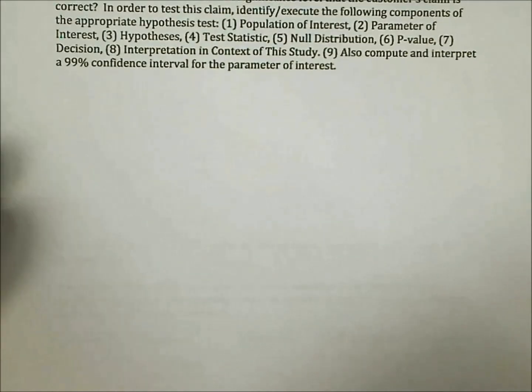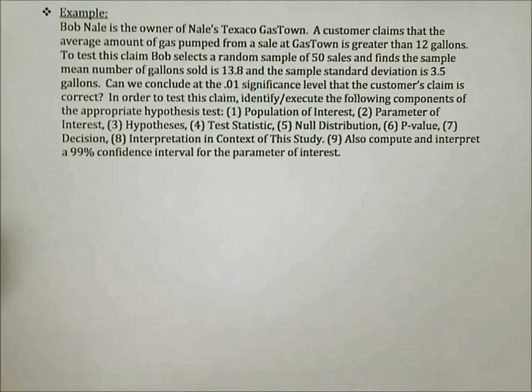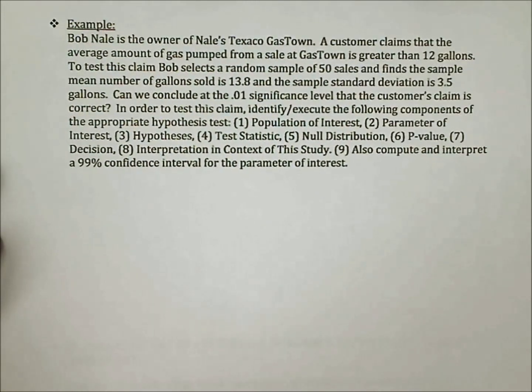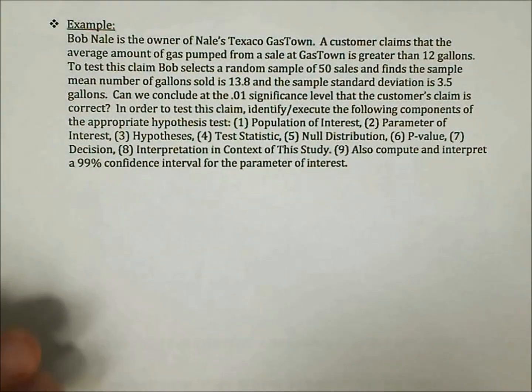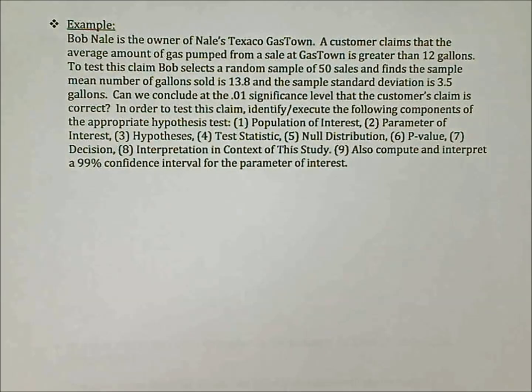Moving along here, we're going to come to an example. Now, in this example here, on the next page, take a moment to read it. You may want to hit the pause button, but I'll just kind of go through it.